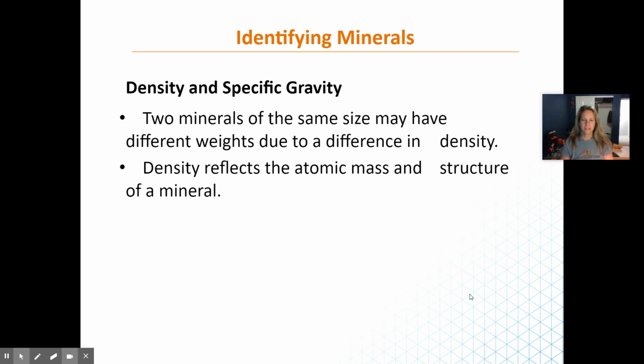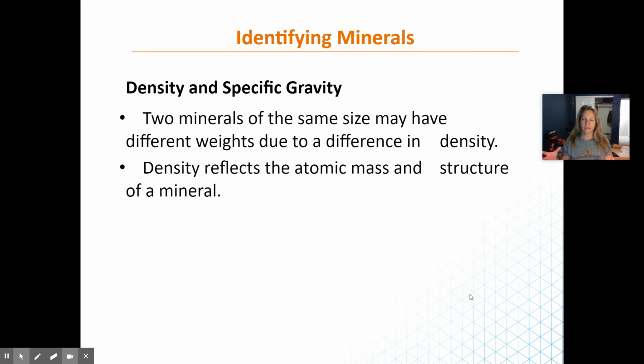All right, and then density and specific gravity. You guys practiced measuring density when you did the measurement lab. So that's mass divided by volume. And so density is just reflecting how densely packed the molecules are. So galena, for example, is extremely heavy for its size. It looks like this little rock, and then you feel it, and it feels ridiculously heavy for its size. So that has a high density.